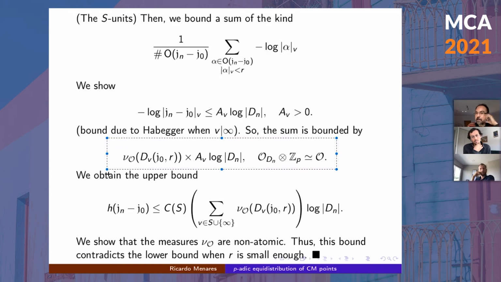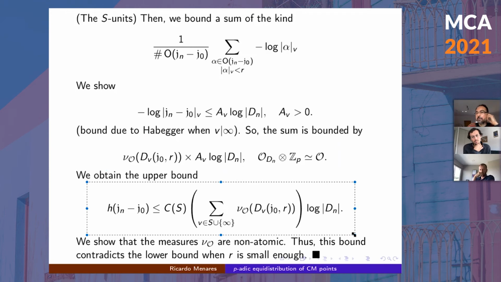Okay, so now we just add these bounds. And in the end, we get that the height is bounded by some constant dependent on the number of places. Here we use that S is finite. And then the sum of all the measures applied to these disks with cutoff R.